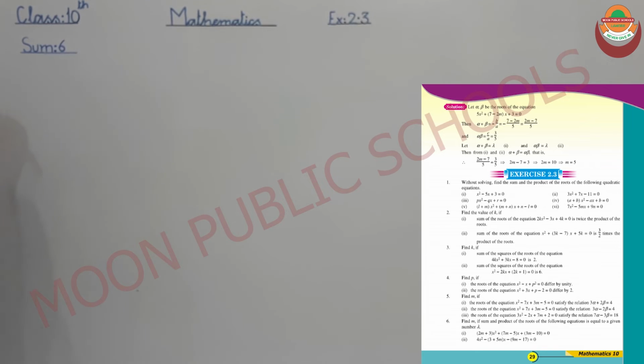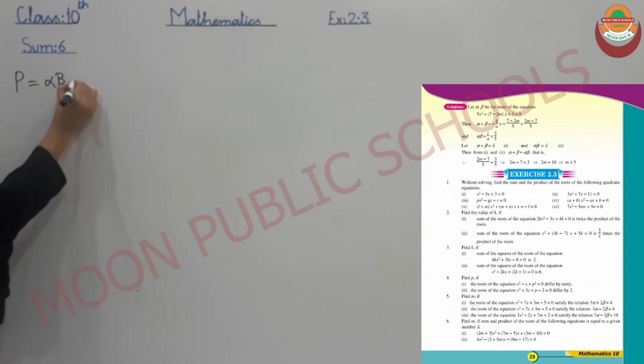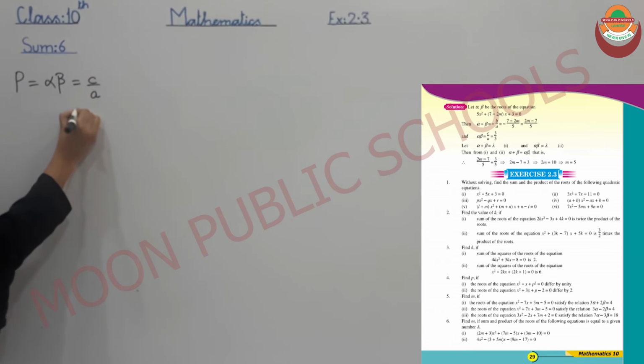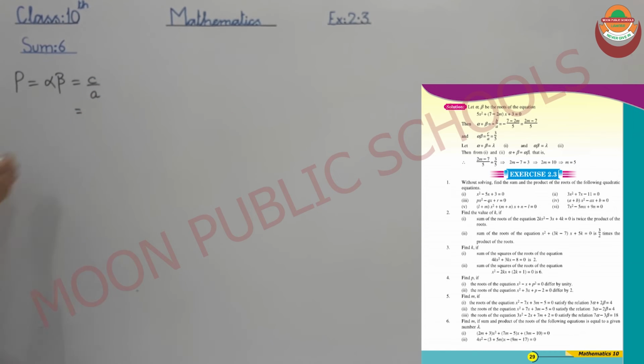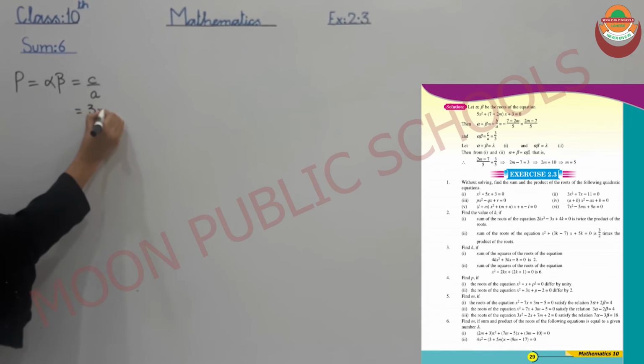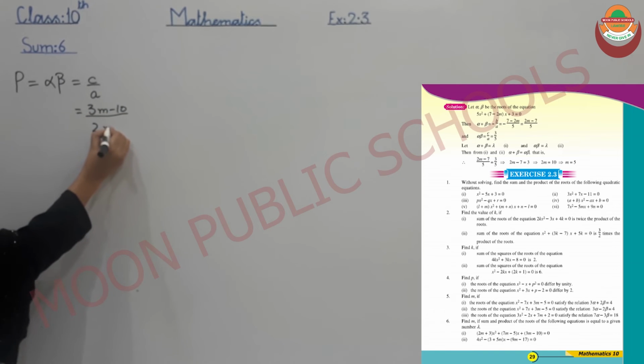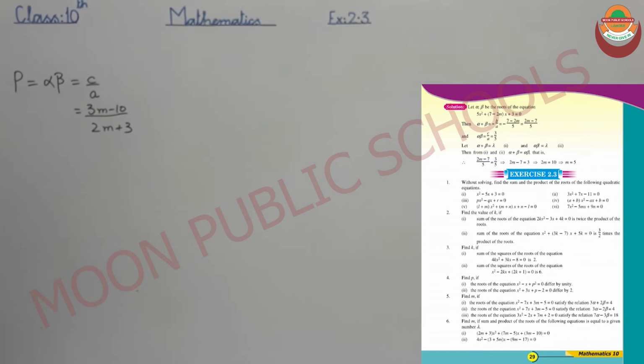Now we find the product of roots. Product of roots equals alpha beta equals c over a. The value of c is 3m minus 10 and the value of a is 2m plus 3. Now in the given condition, sum and product of roots is equal to a given number lambda.